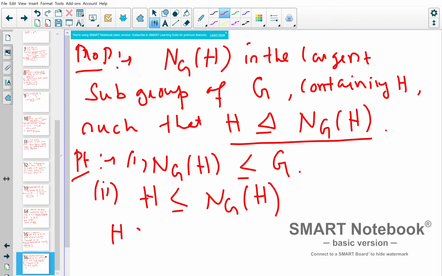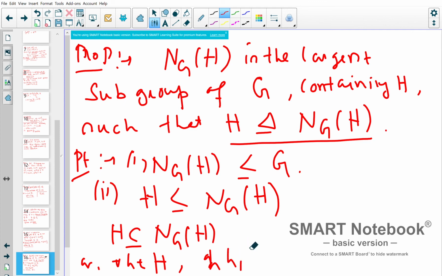For all h belonging to H, you choose any elements h1, h, h inverse; these are always elements of H. This is just the group operation on H.